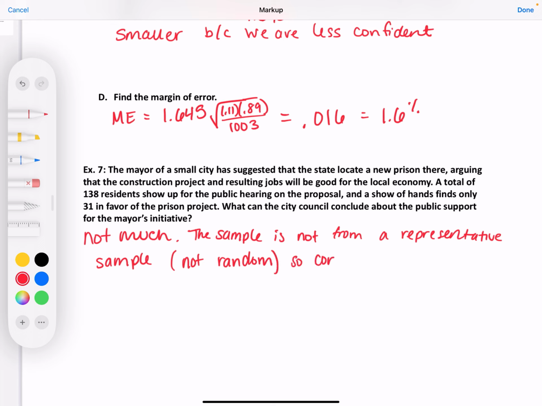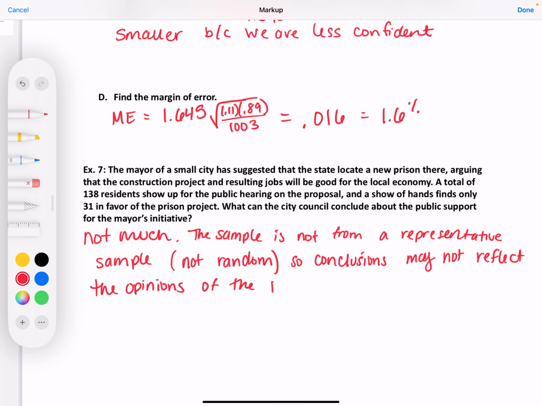So conclusions may not reflect the opinions of the public, and there's a type of bias to this.